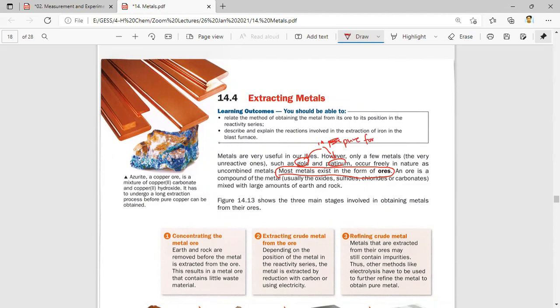But most of the other metals exist in ores, especially iron is in ore, copper is also most of the time in ore. So what can we do to extract the metal out?